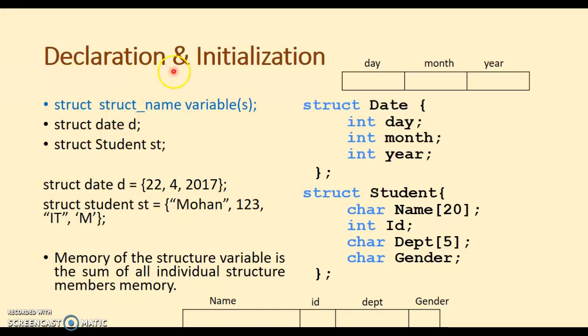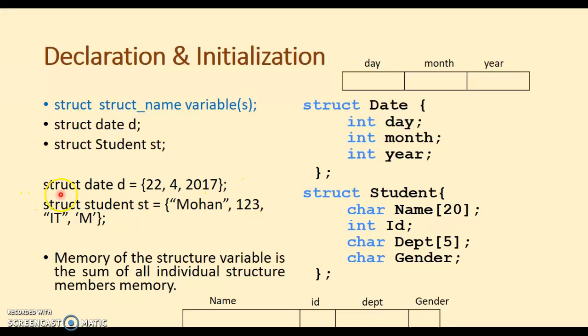Here we can initialize the structure variables like simple types or arrays. We need to initialize the structure variable like this: struct followed by a tag name followed by the variable equal to all the field values separated by commas, and the total surrounded with curly brackets.